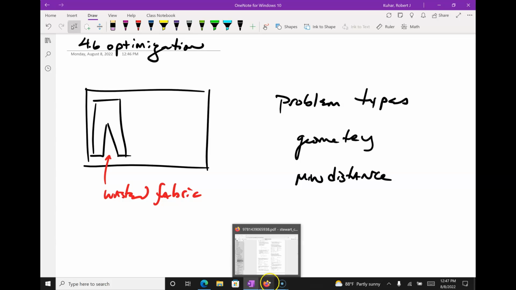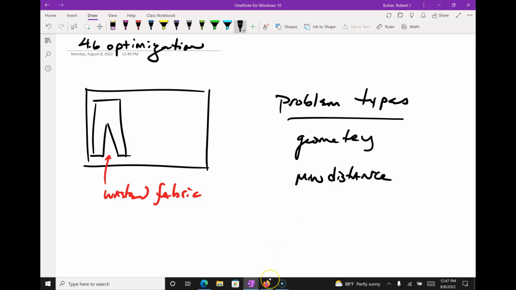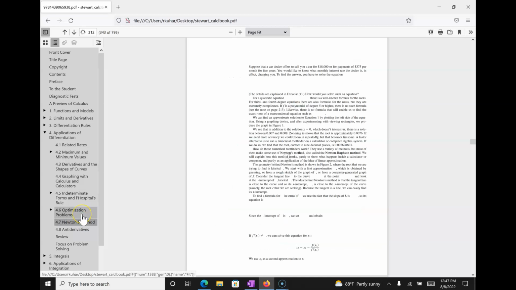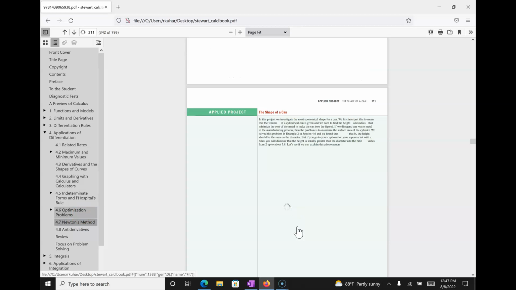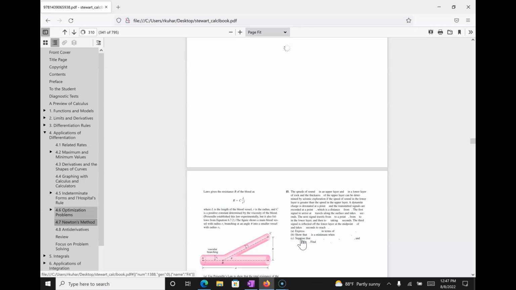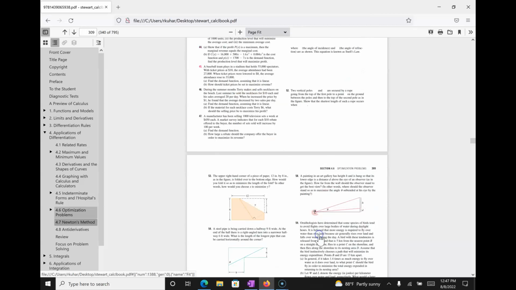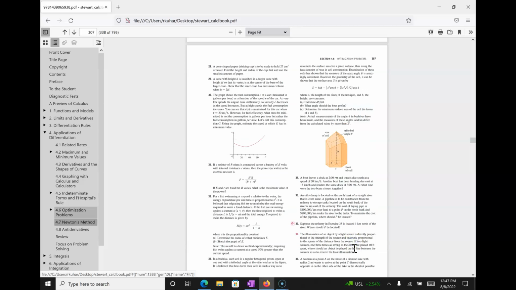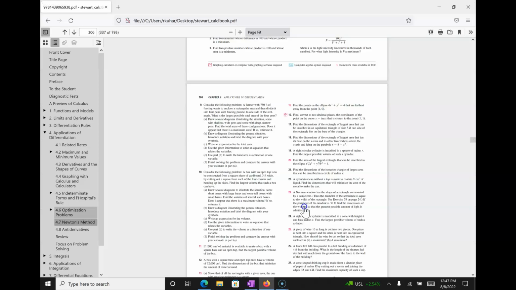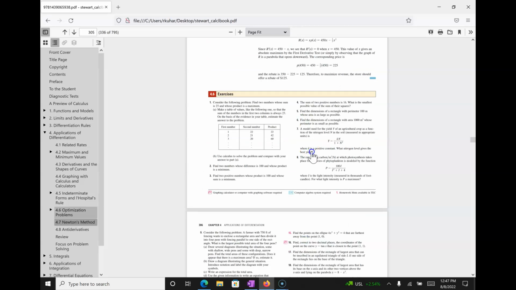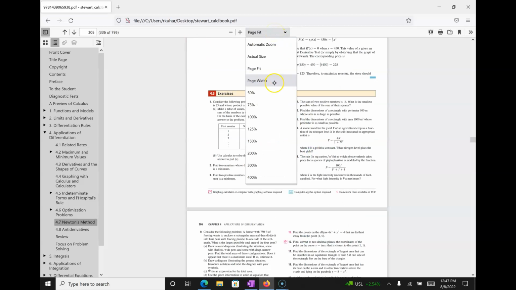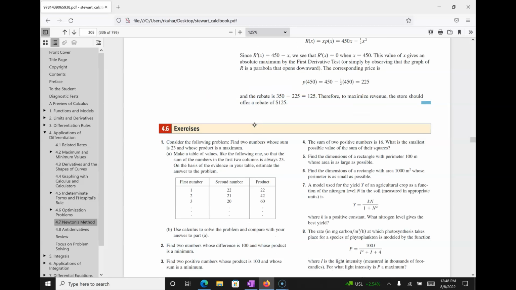So just looking at that section, I'm looking for some kind of geometry or some kind of mention of a min distance. And I'll see if I can get the screen a little bit larger. Here we go.